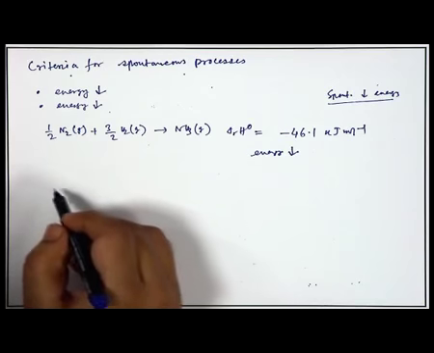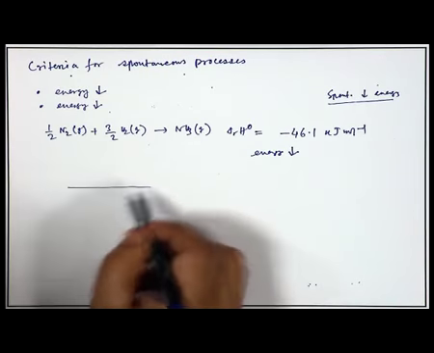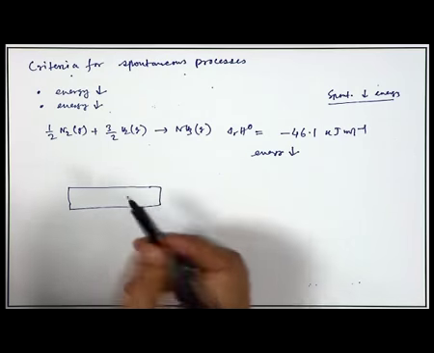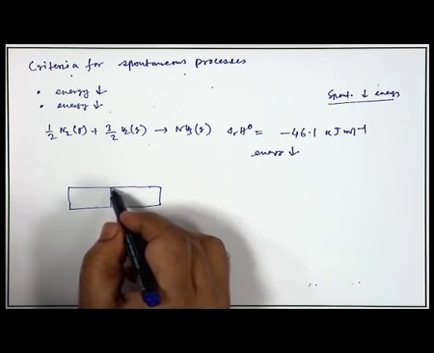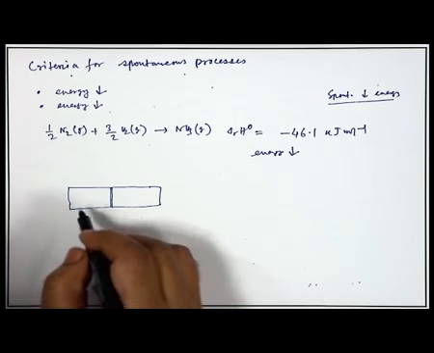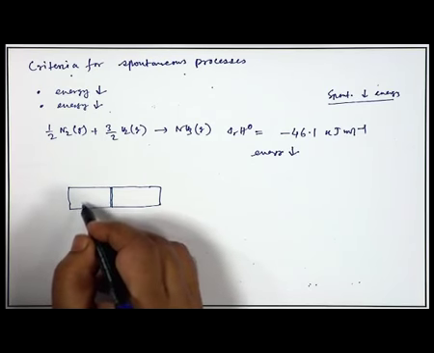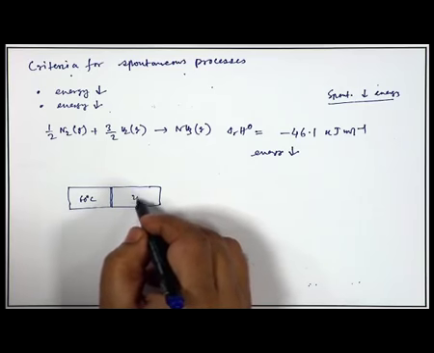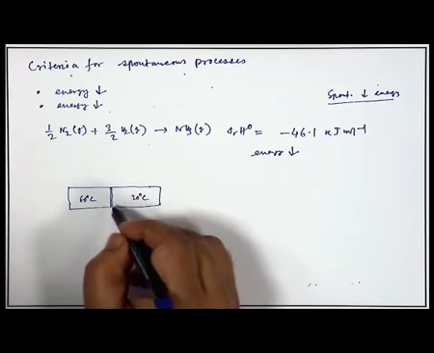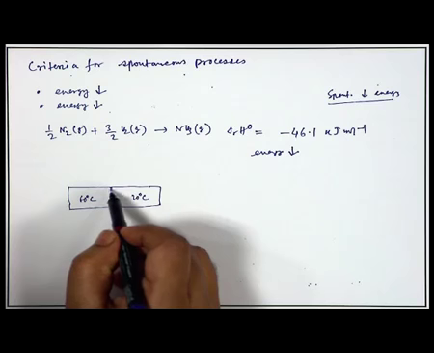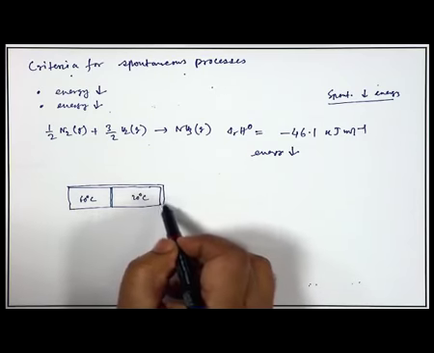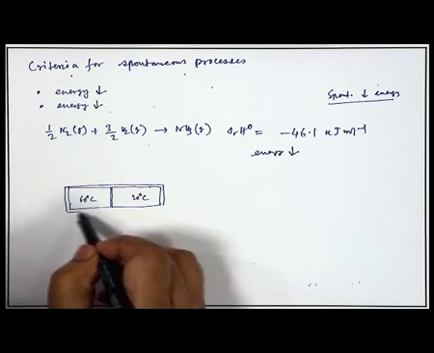But we will look at some other example as well. For example, let me take an iron slab, and we have two sides. One side I have at 60 degree centigrade and the other side at 20 degree centigrade. There is an insulating wall in between, and I have this surrounded by an adiabatic wall.